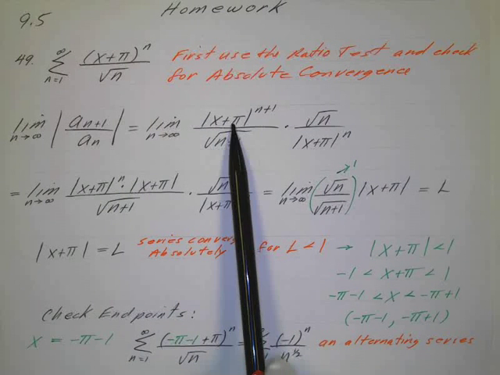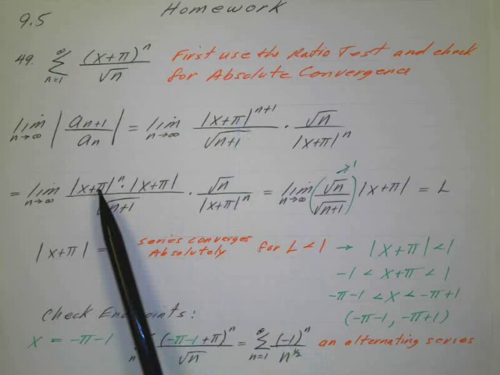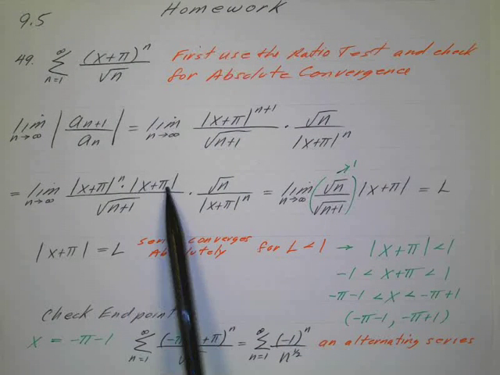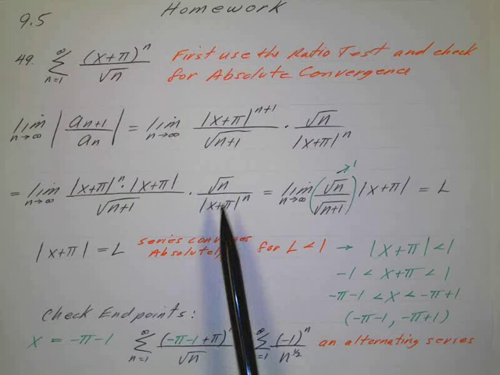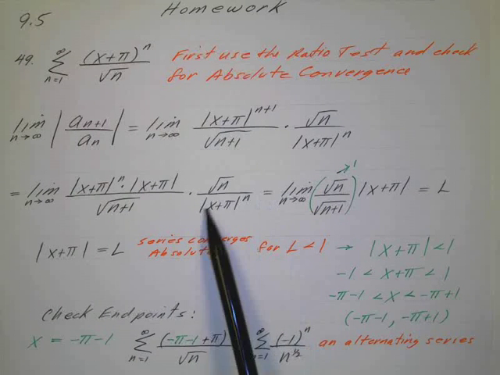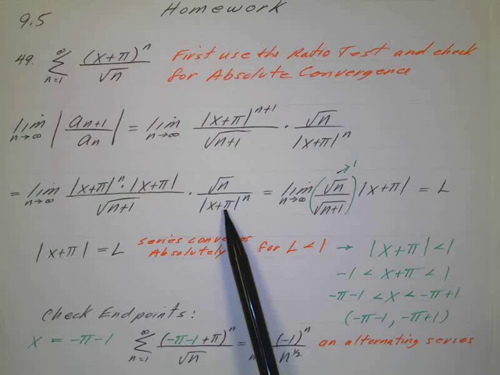Then we'll rewrite this as the absolute value of (x plus pi) to the n, times x plus pi. And this stays the same. Then we can cancel out the (x plus pi) to the n, and put the n's together.